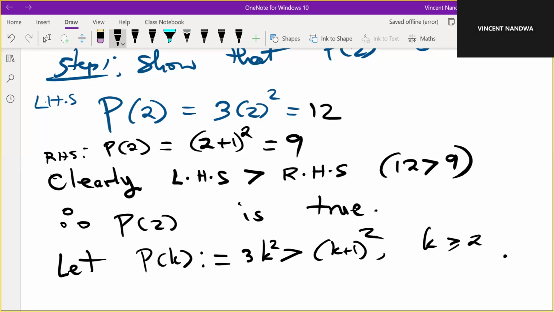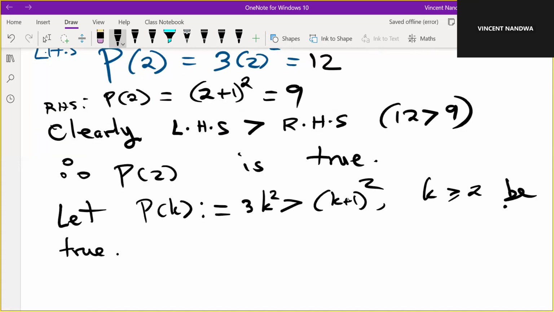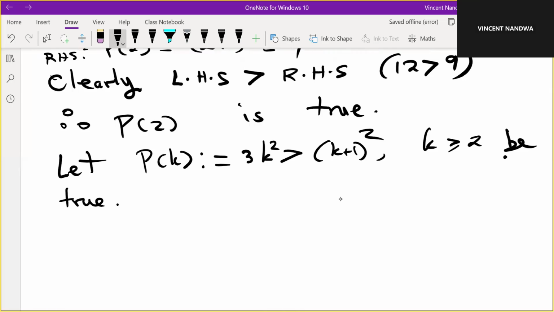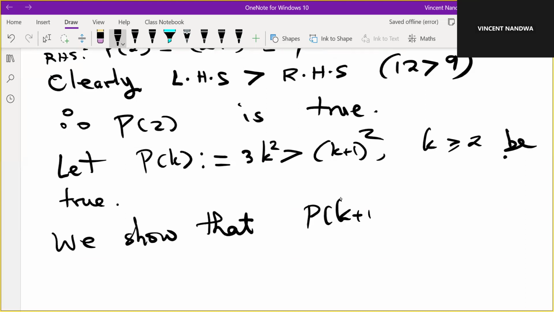Yeah, let this one be true. So what are we supposed to show? We show that P of K plus 1 is true, correct, okay? Yeah.